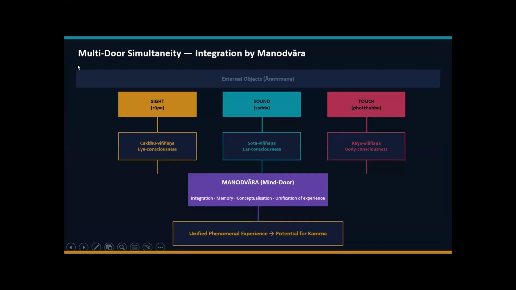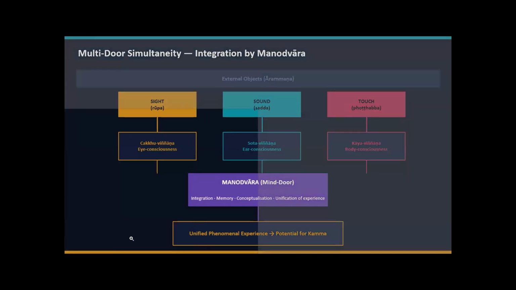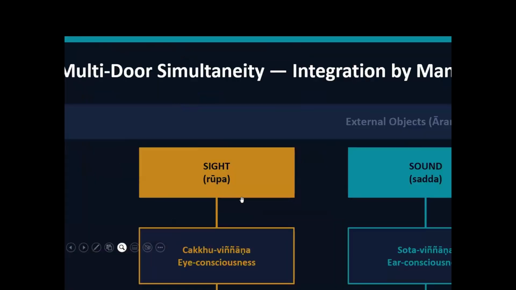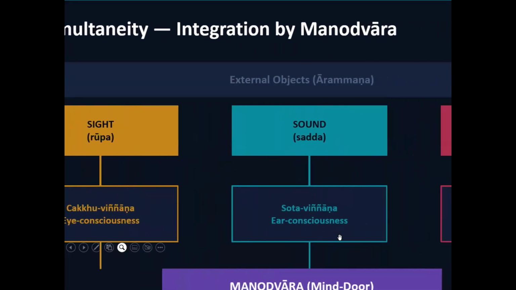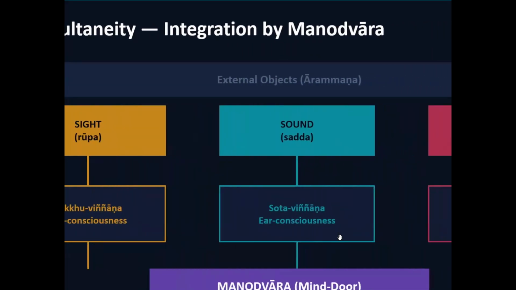So when you see the multi-door stimulus integration by mano dvara, so you see the external object, arammana. Sight by rupa, you say cakkhu vinnana, or eye consciousness. Sound, sadda or sota vinnana, ear consciousness.